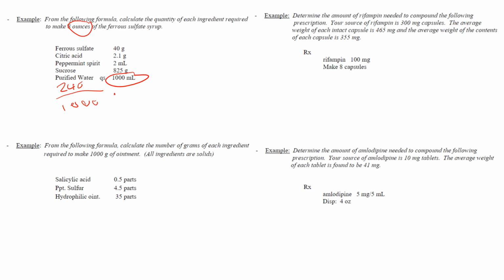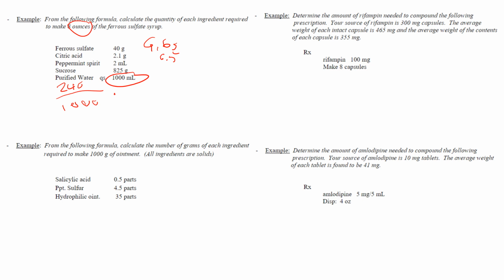So 240 over 1,000 times 40 grams of ferrous sulfate, we would only need 9.6 grams. 240 divided by 1,000 for our citric acid, which is only 2.1 grams. Instead, we would need 0.5. 240 over 1,000 times 2 milliliters of peppermint spirit.